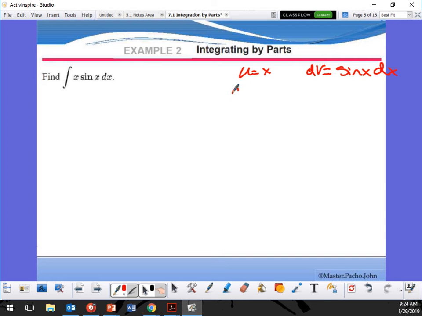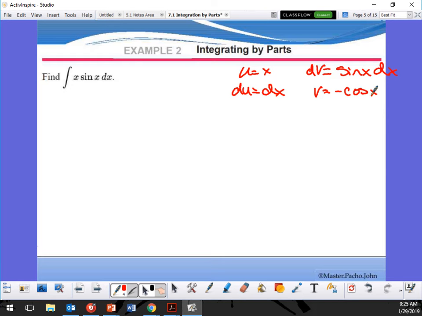So du is equal to dx. And for this case right here, I'm going to get v is negative cosine, and then plus the c, right?